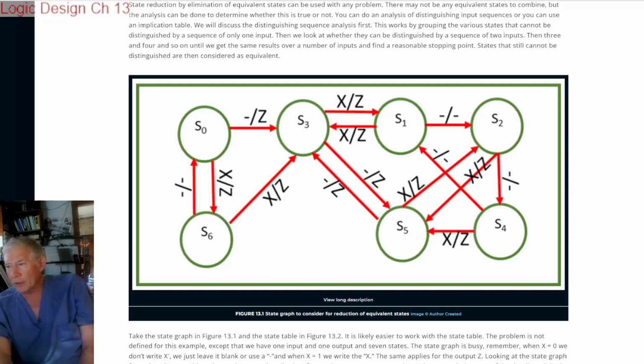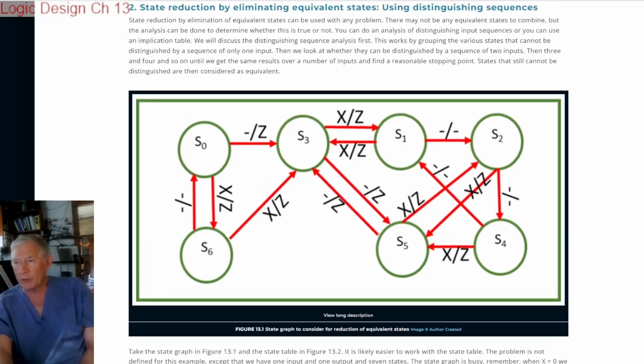I think we've covered everything now, though I don't know if we covered S4. If we're in S4, we go here on a 0 with an output of 0, and go here on a 1 with an output of 1. Okay, so that's the problem. Now, we're not really explaining what this problem does.